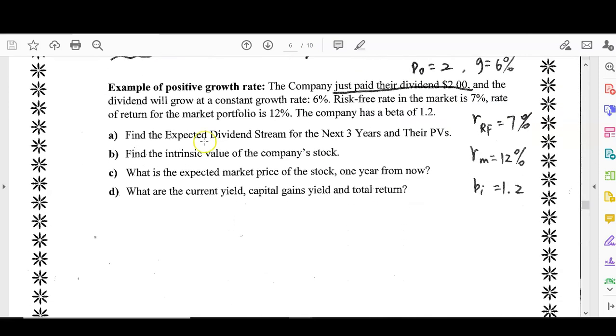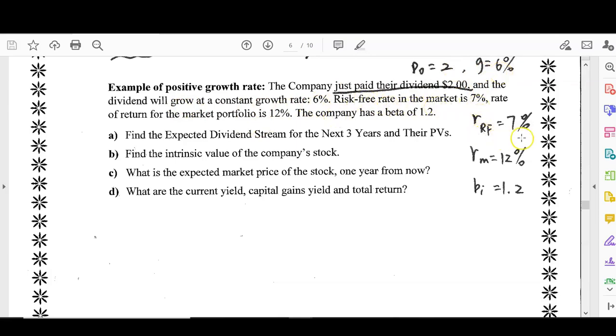One more example of a positive growth rate, positive G. The company just paid their dividend of $2, so D0 should be $2. The growth rate G is 6%. The risk-free rate in the market, RRF, is 7%.